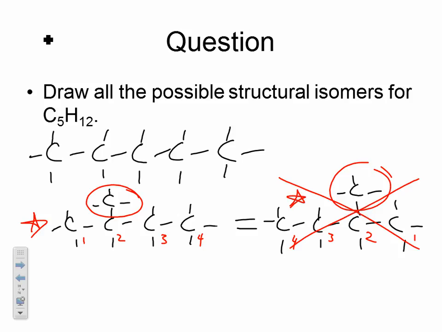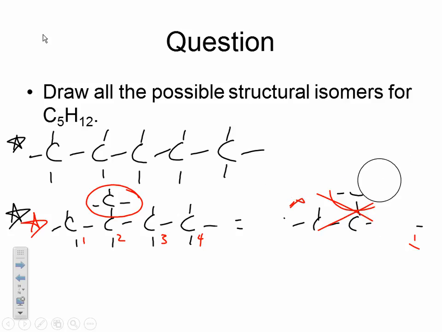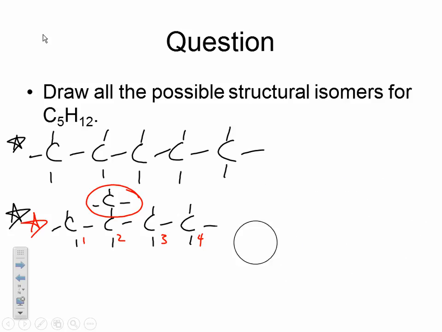So because I can't count that as a different isomer, I now have to start thinking about shortening my carbon chain again. In the first one we had 5 carbons in a row with no substituents. Then we had 4 carbons in a row with 1 substituent. So maybe we could do 3 carbons in a row with 2 substituents.